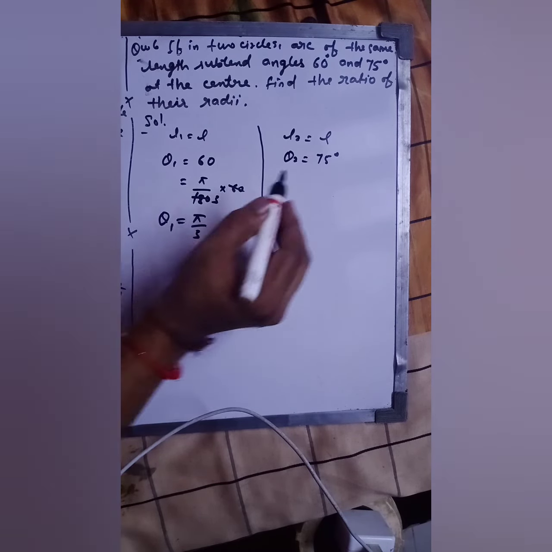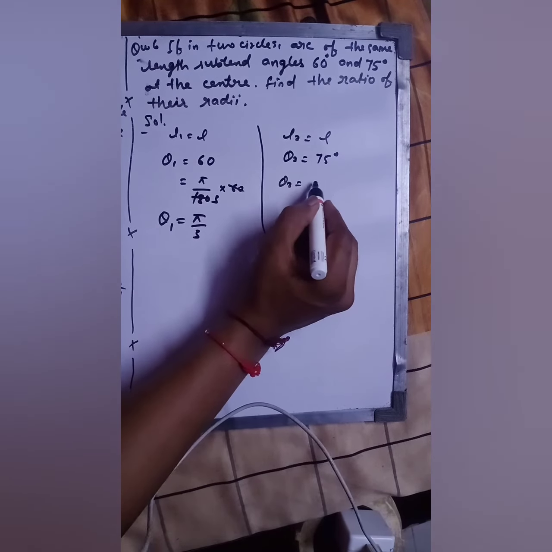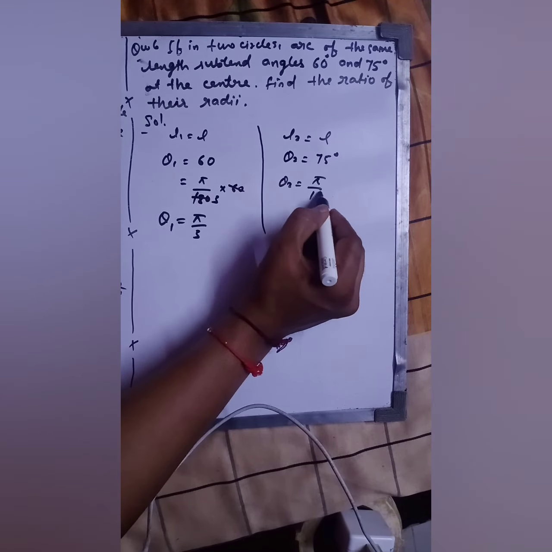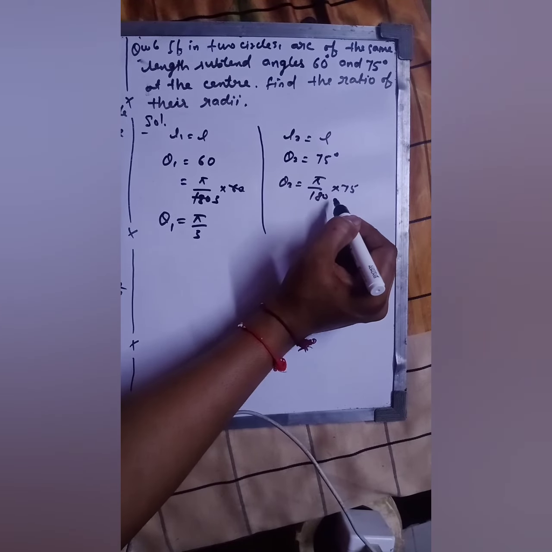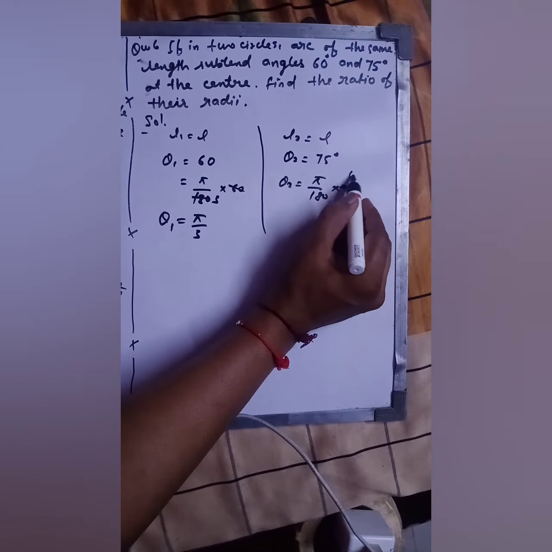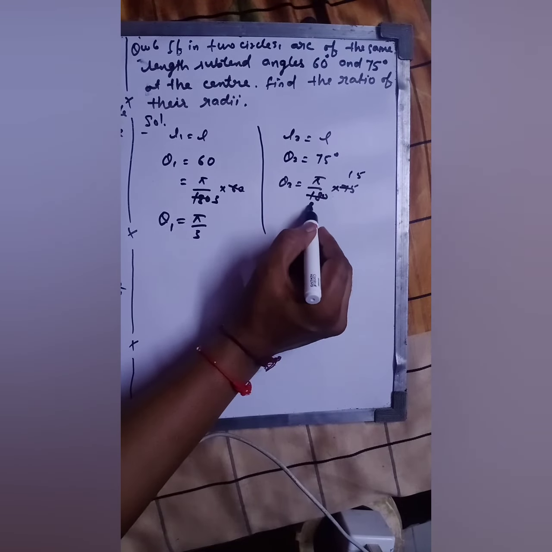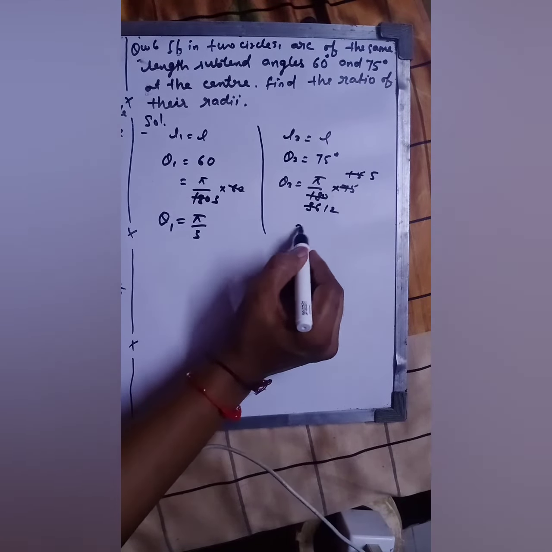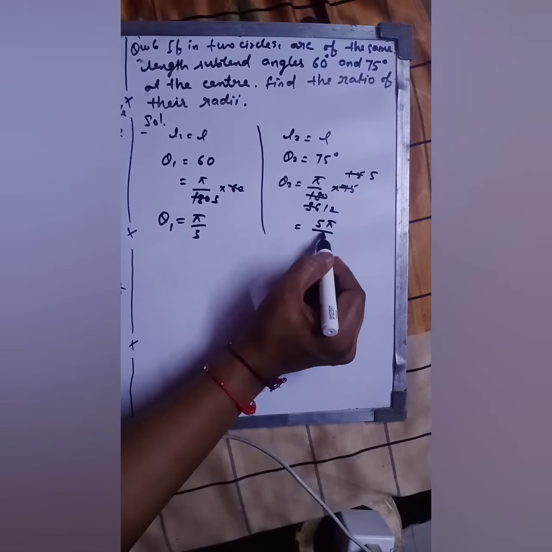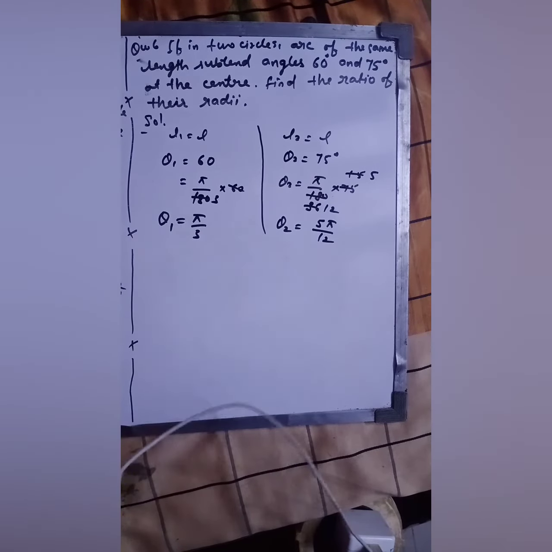Similarly your theta 2 will be, multiply this by pi by 180 into 75. Fine. So here you can solve. So you will get 5 pi by 12. Here is your theta 2.